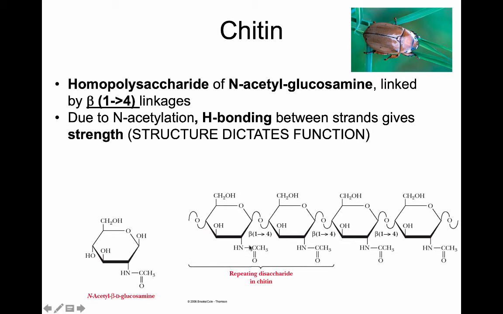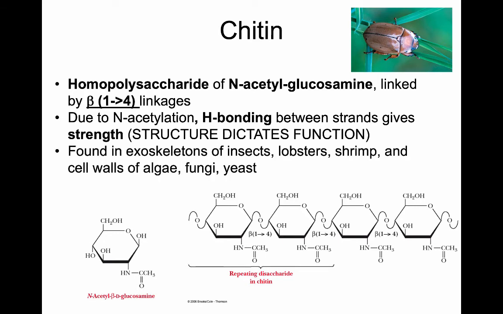It allows for additional hydrogen bonding to occur between different chitin strands, and that's going to really strengthen the structure of chitin. So again, this is an example where structure dictates function. And chitin is very strong. It is used as exoskeletons in insects, lobster, shrimps, as well as the cell walls of algae, fungi, and yeast.